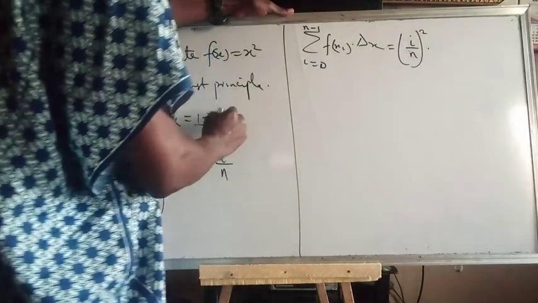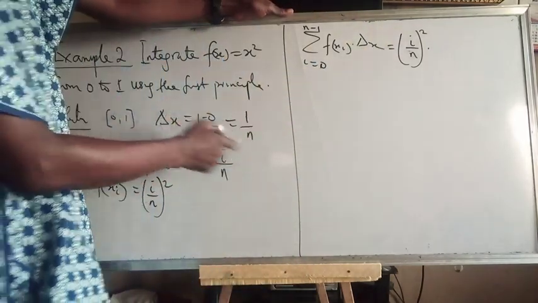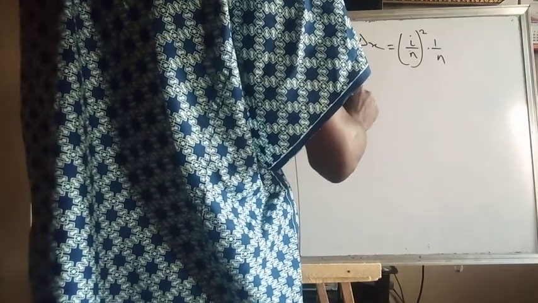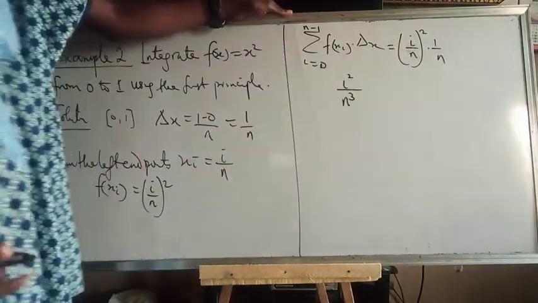This will be equal to i all over n squared, multiplied by the change in x, which is 1 minus 0 over n, so 1 all over n. So this will be i squared all over n cubed. That is, multiplying this by this, you have that.